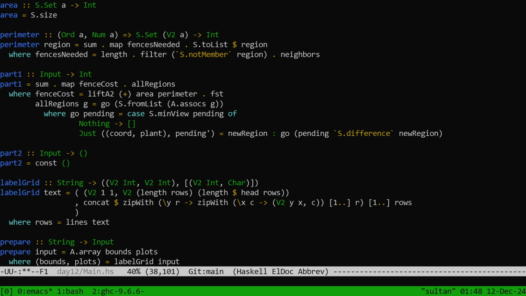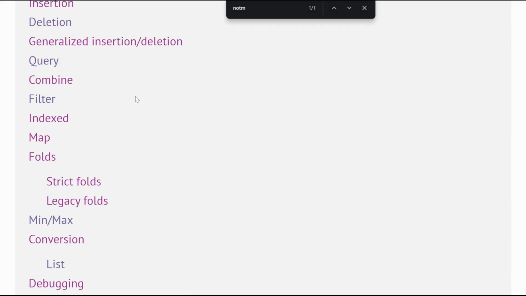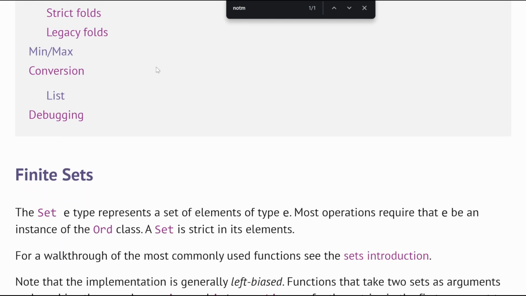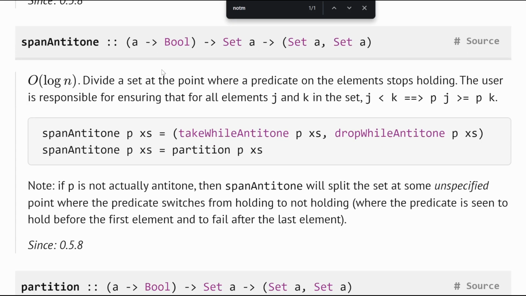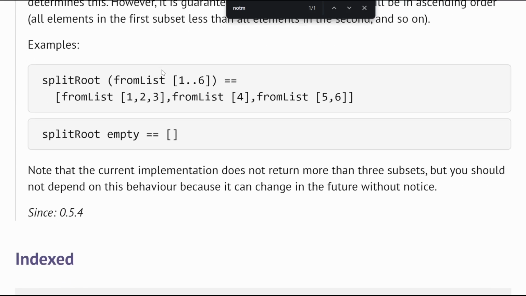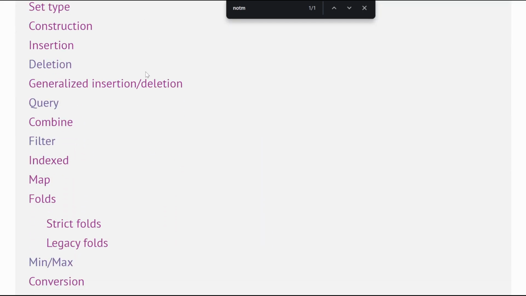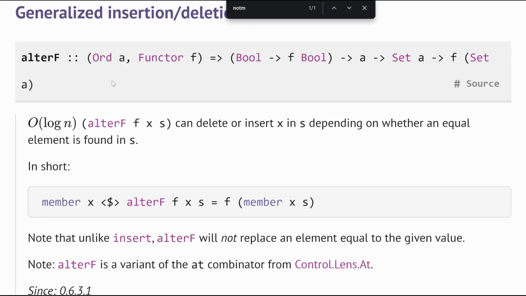Is there actually a more sensible way besides difference to delete? No, delete is the only delete function. Filter? No, I don't want any of that. Generalize, alter F is a very powerful function. I've only used it once in my life.